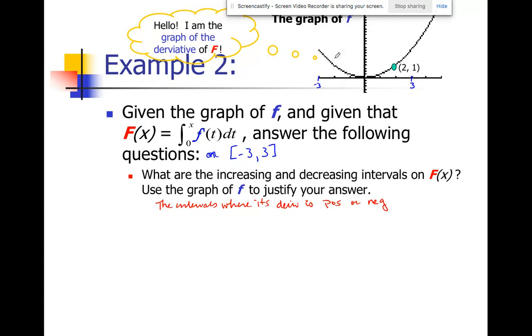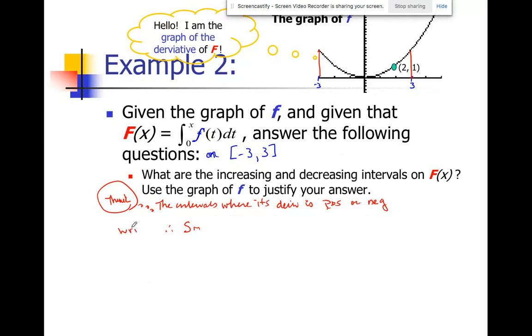Look at the graph of the derivative from -3 to 3. What is the graph of the derivative doing? Positive and negative. Always positive. Therefore, since, and you don't have to write this, this is in your thought bubble. That's what you're thinking.